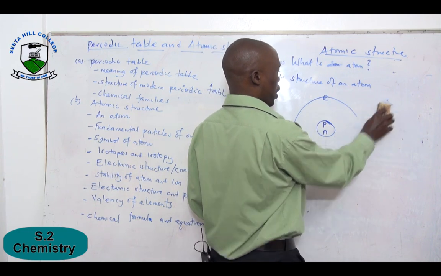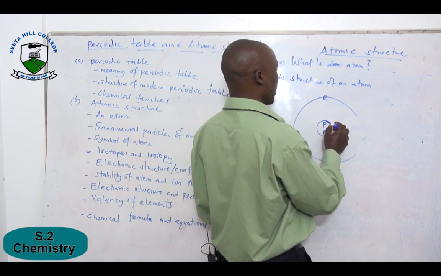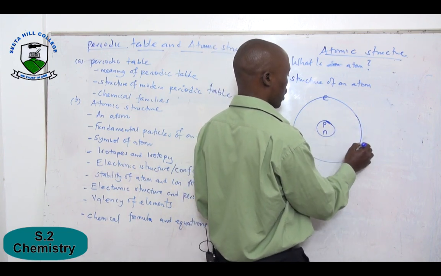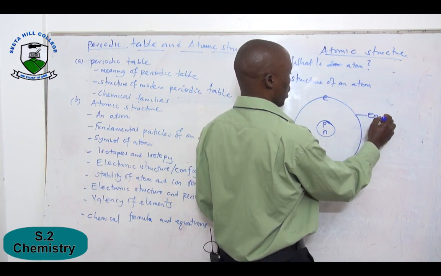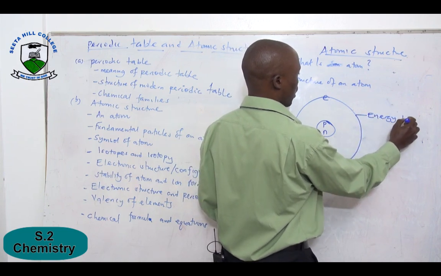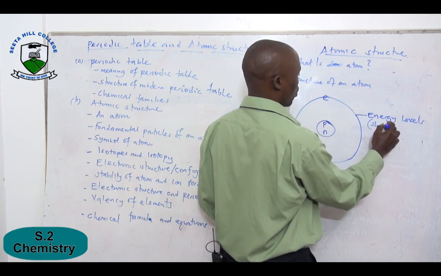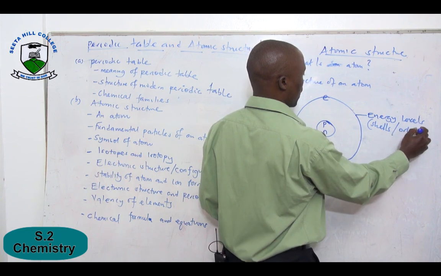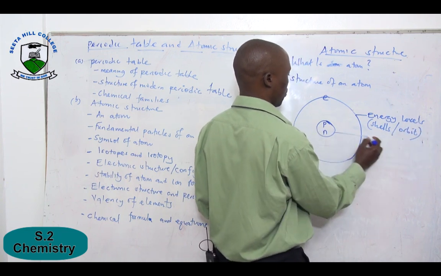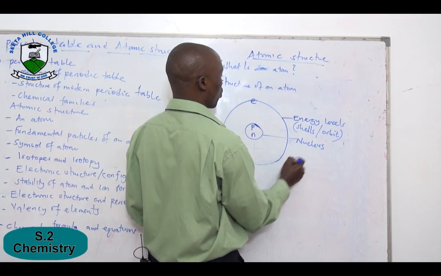Now, the atom has a nucleus, and it has a space around it that we call energy levels. They are sometimes called what? Shells or orbits. See, nucleus.